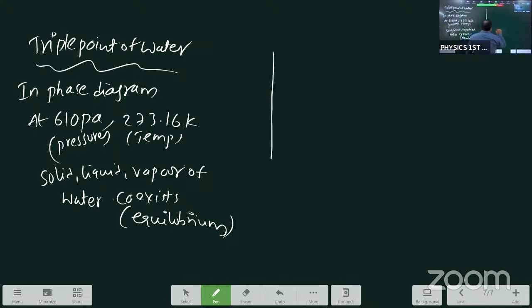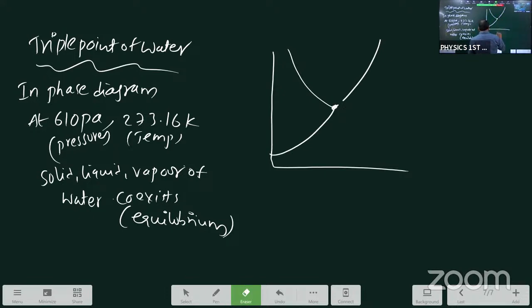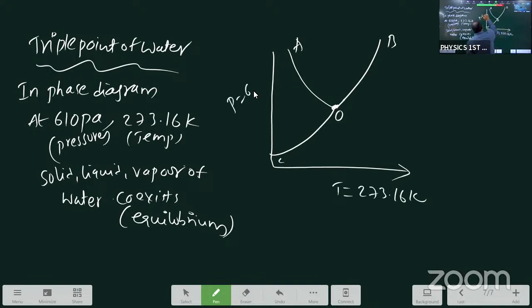For this one, a diagram is present. Take it the other way: O, A, B, C. This is temperature. This is pressure.